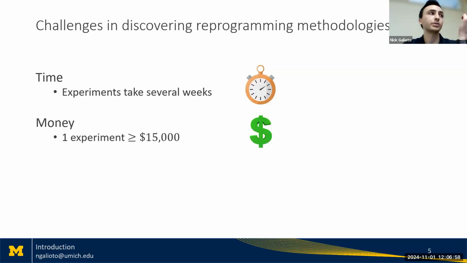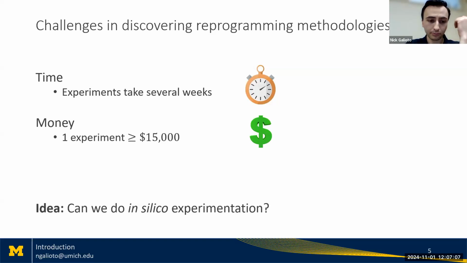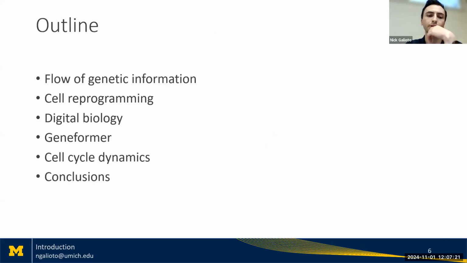And the other one is money. One experiment is going to take at least $15,000. So you're very limited by how many experiments you can actually do. And so the idea is, can we do all these experiments in silico, computationally, to identify what might be worthwhile experiments to do and drastically accelerate the discovery of these cell reprogramming methodologies.